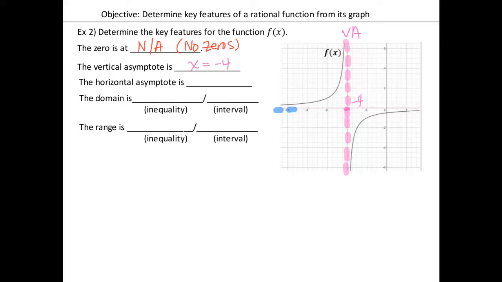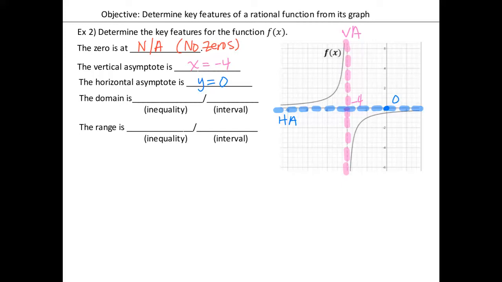So from here I can see from left to right, my horizontal asymptote is crossing at the axes over here at 0. And that 0 is actually a y value. So y is equal to 0.